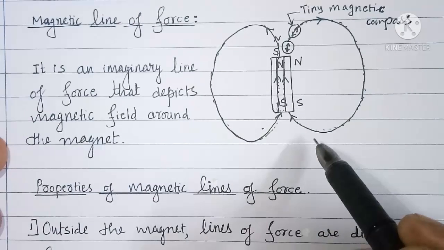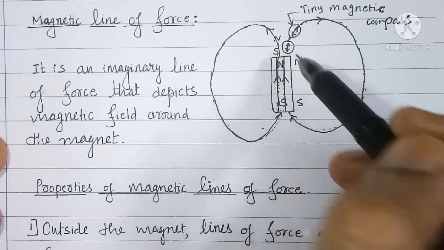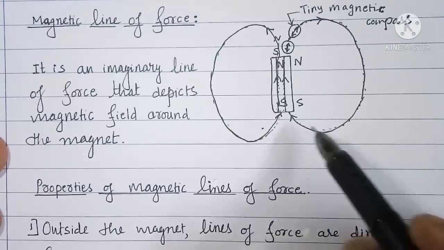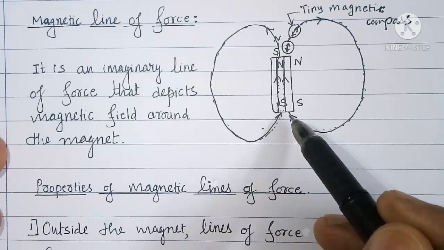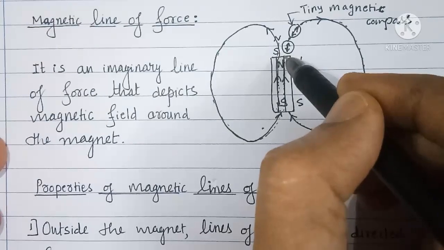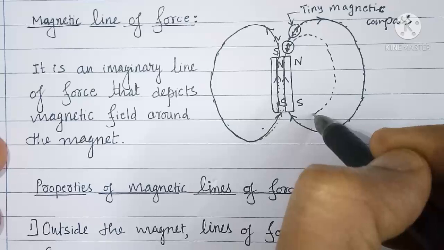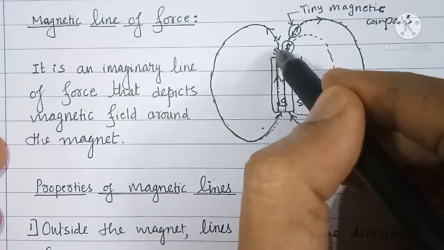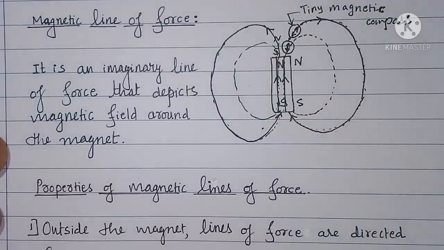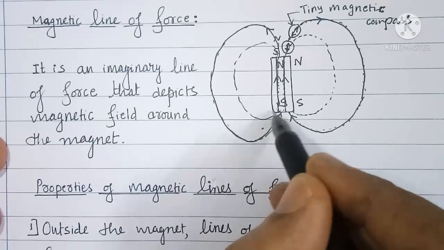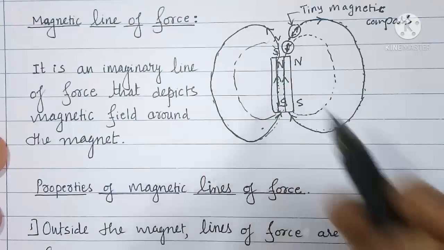Now you make one more observation here. Near the poles, lines of force are very close to each other. If I draw here some more lines of force, like this, you can observe lines of force are very close to each other near two poles.